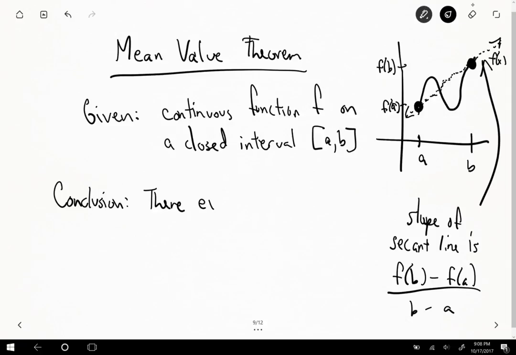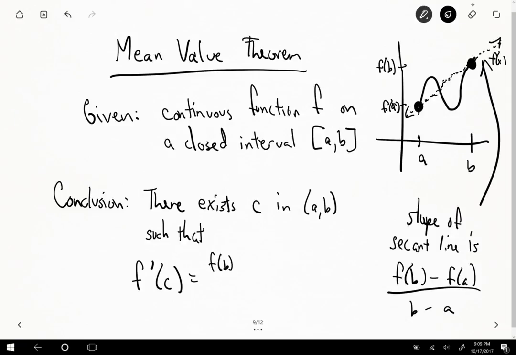There exists a C in, oops, let me make this the open interval, in AB such that the derivative at that point C is the same as the slope of that secant line. Okay, that's all we're saying here.